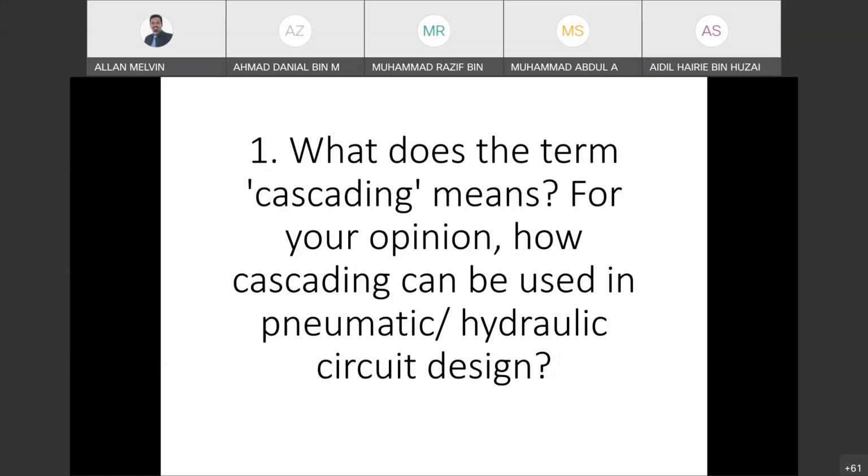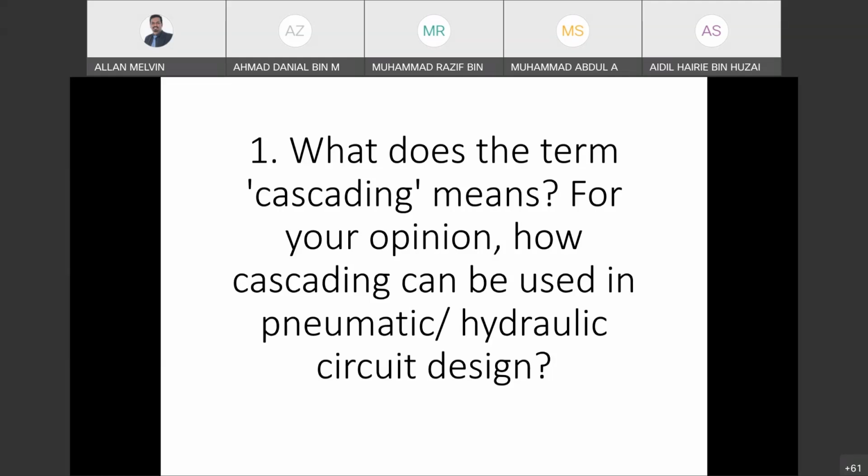Can I try, sir? Yes. It means dividing one system into two subsystems, the pneumatic system circuit. Okay, so what does the term cascading mean?